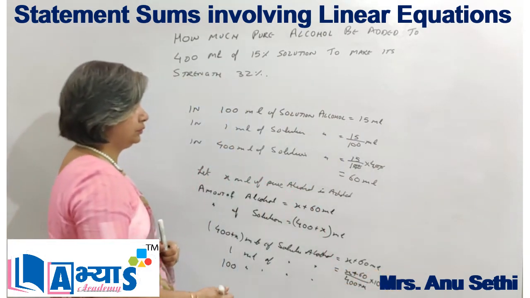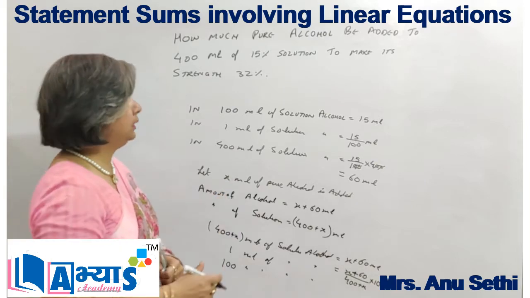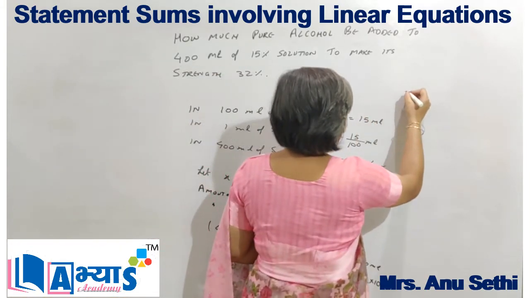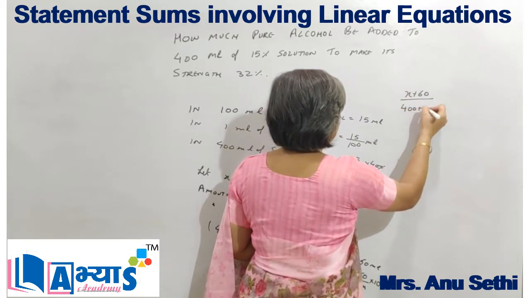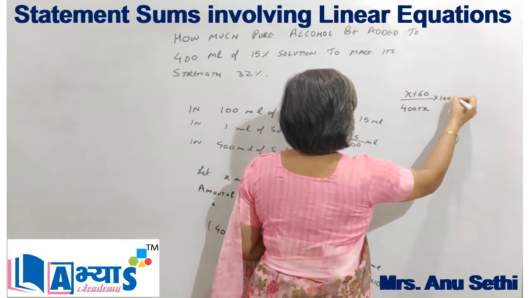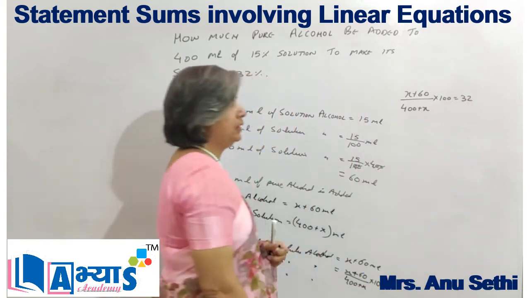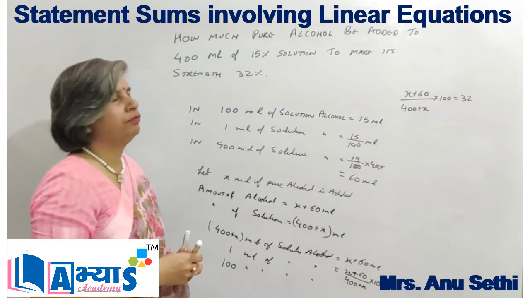Then according to the question, this strength is equal to 32. So I get an equation, x plus 60 upon 400 plus x into 100 is equal to 32. So this is an equation which I have found from the statement.